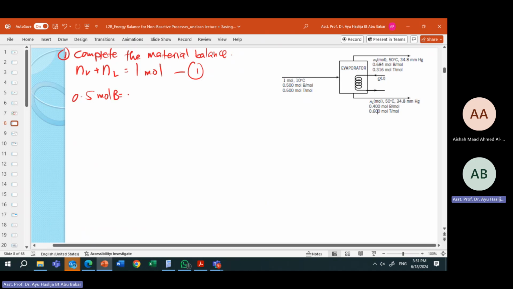Now this one is the input, equals to the output for the B in vapor and liquid. So this is the second equation. This one for butane.